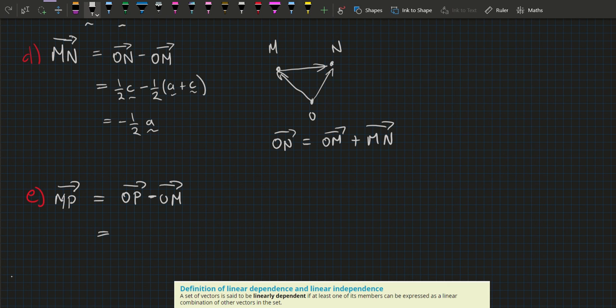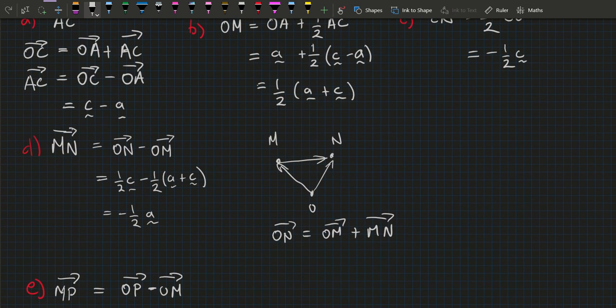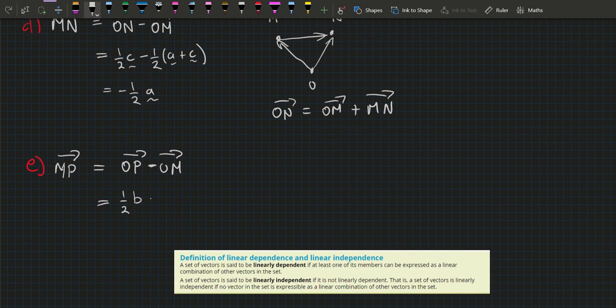So O to P is equal to a half of b, and O to M is a half of a plus c. Let's not forget our little vector squiggles. So that equals a half of b minus a minus c. Squiggle, squiggle, squiggle.